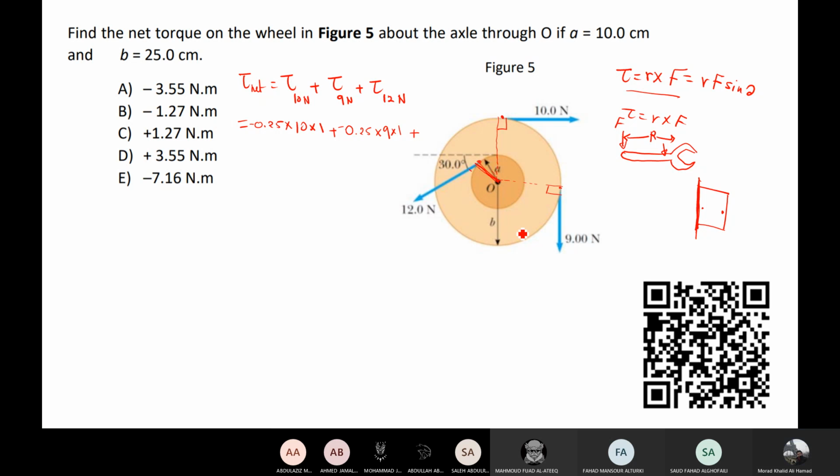Okay, guys? So we do the calculations now as usual. So R is 10 centimeter, 0.1 times F is 12 times the angle is still 90. We use 90, so sine theta is 1, and it is counterclockwise, so it is positive. Clear, guys? Focus on this angle. This is just a trick to trap you.